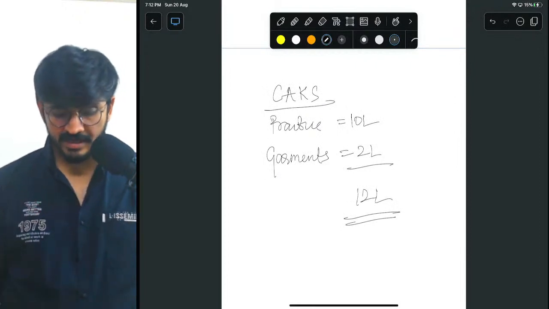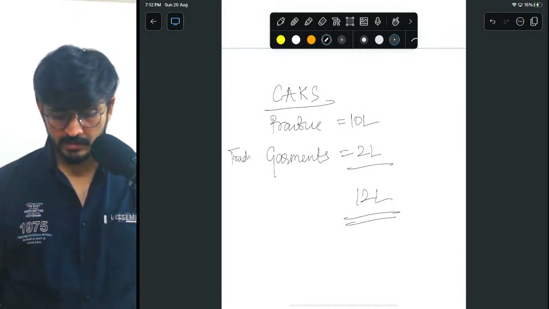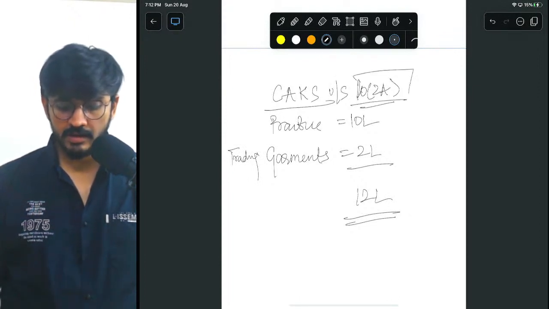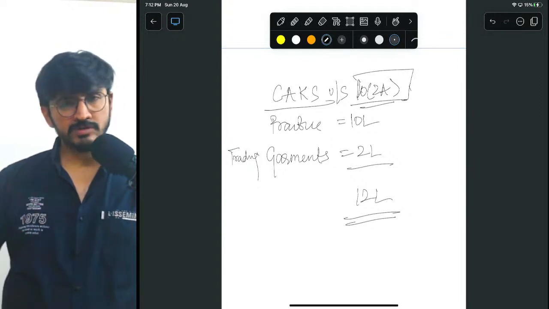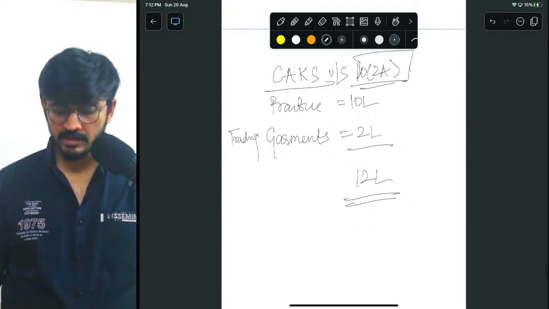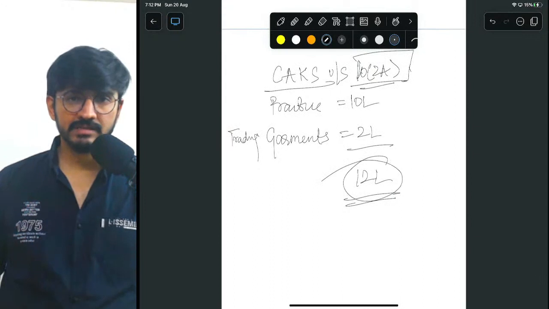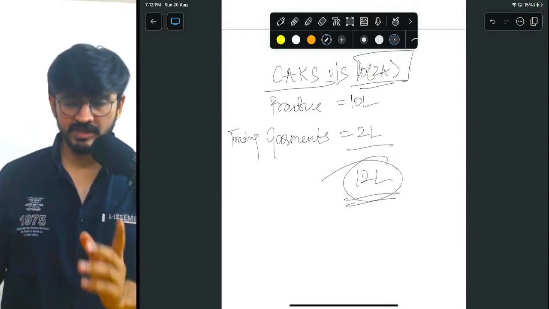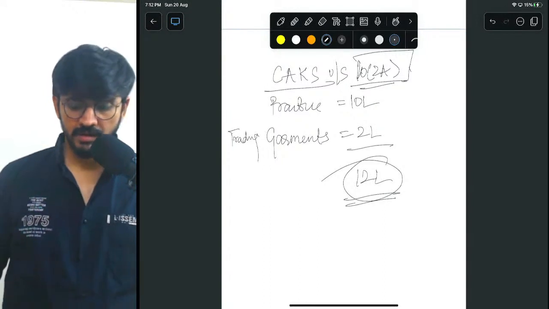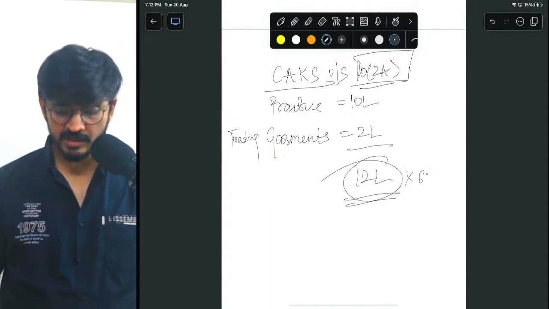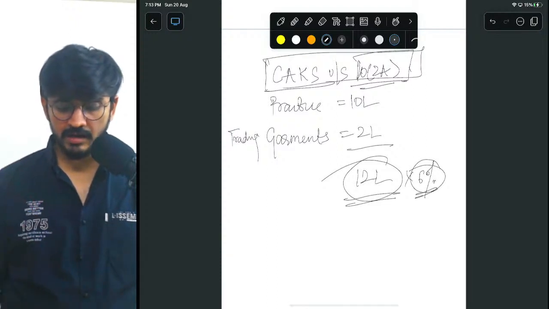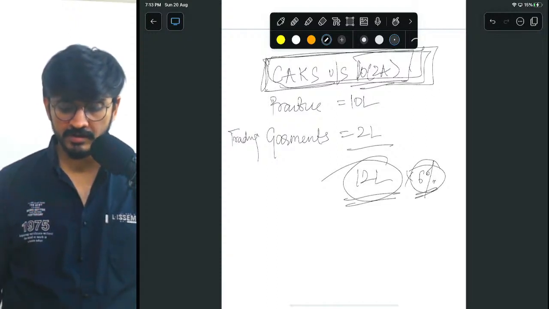I'm trading in garments, but understand, I am a CA and I'm registered under 10(2)(a) as a service provider. I'm also selling a few garments. So what will happen in this 12 lakhs? What rate will apply, 6% or 1%? Understand, the entire 6% will apply because you are registered as a service provider here.